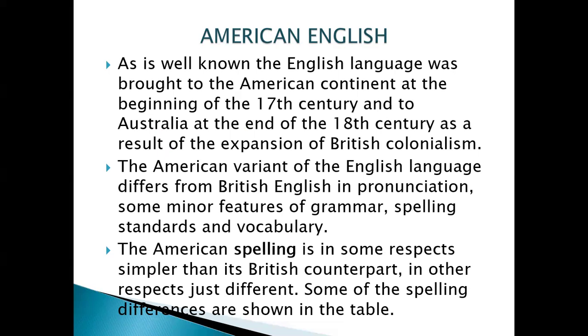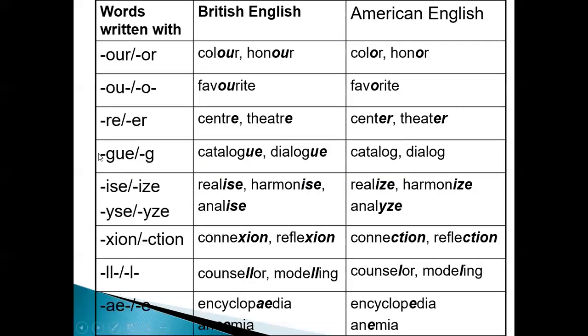The American variant of the English language differs from British English in pronunciation, some minor features of grammar, spelling standards, and vocabulary. The American spelling is in some respects simpler than its British counterpart, in other respects just different. Some of the spelling differences are shown in the table.